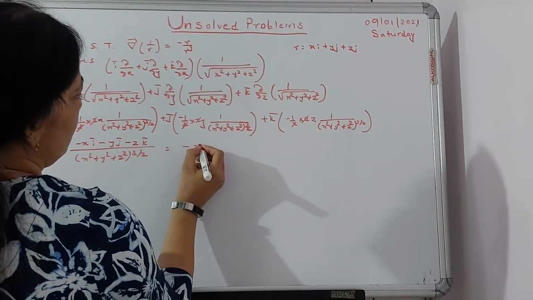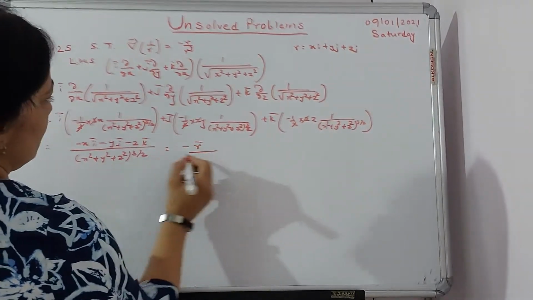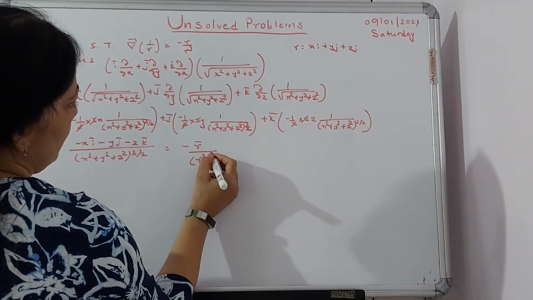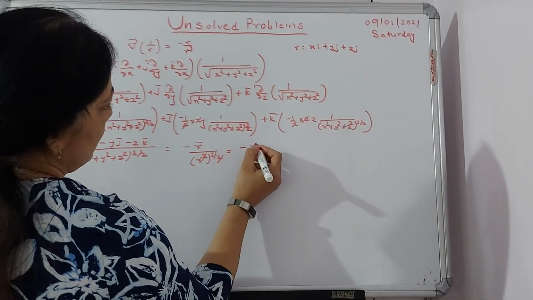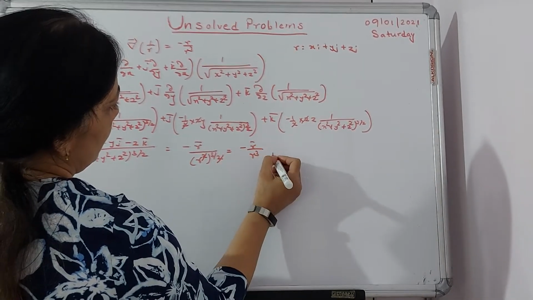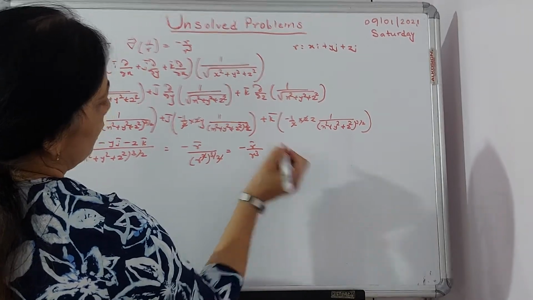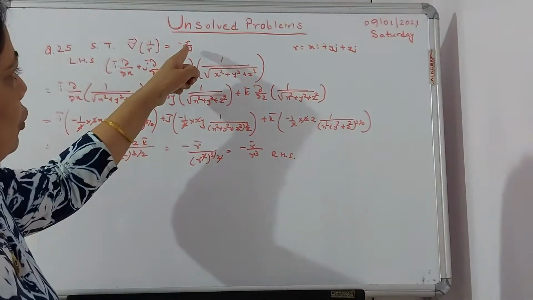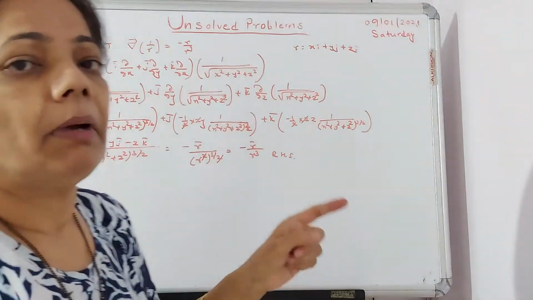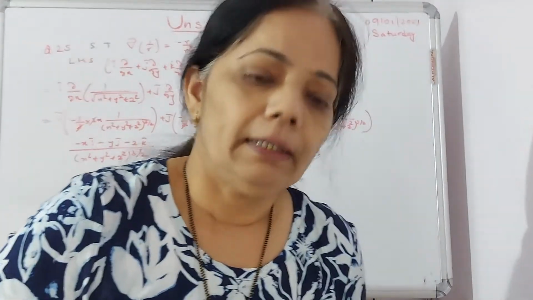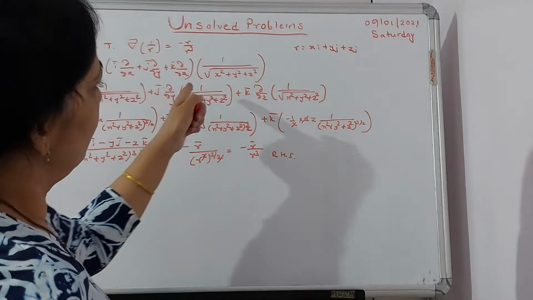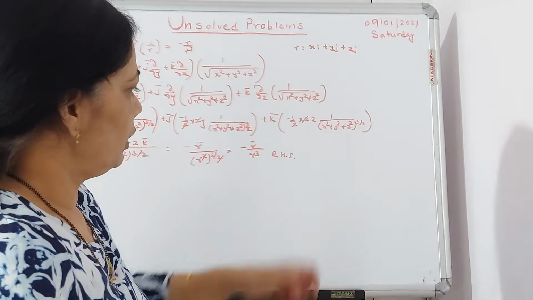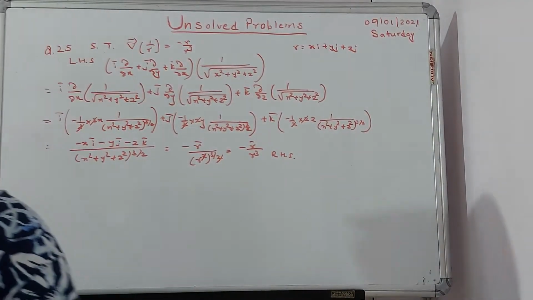So I can write −r, and the denominator is (r²) raised to 3/2. So you get −r/r³, which is your RHS. So del of 1/r, where del is the differential operator i ∂/∂x + j ∂/∂y + k ∂/∂z, we have got this simplest possible answer.